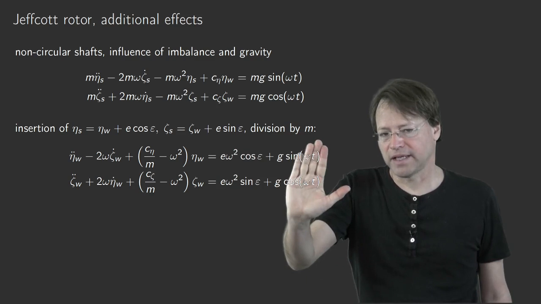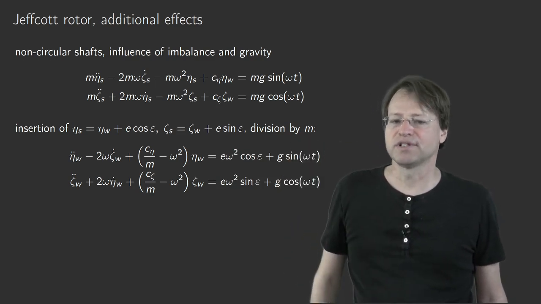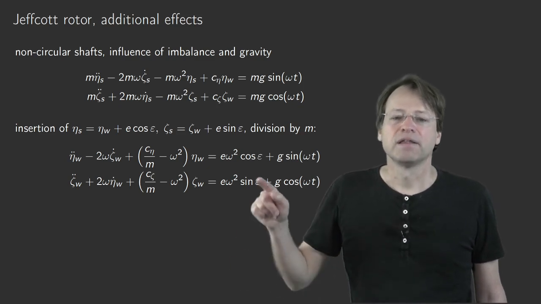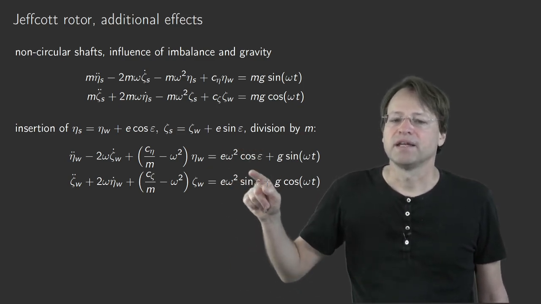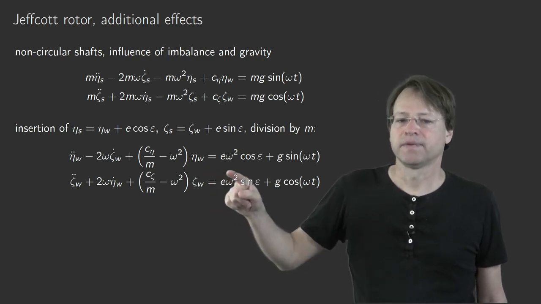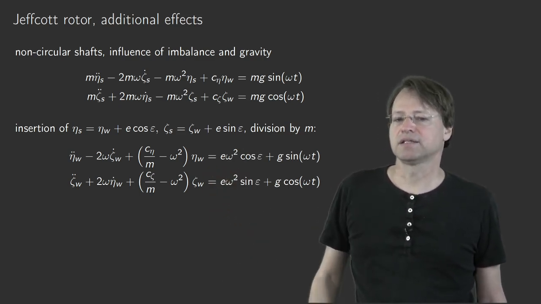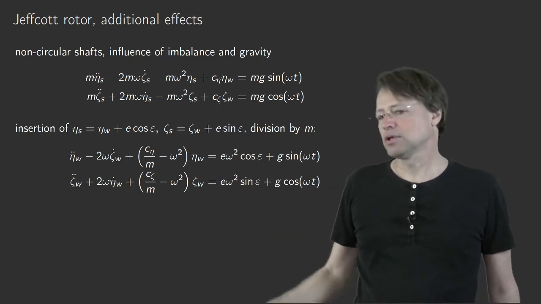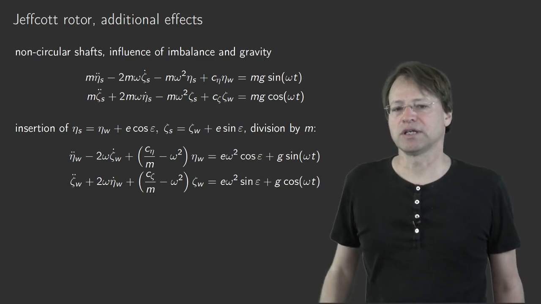Because if we leave gravity aside for the moment, as we did not consider gravity for the classical Jeffcott rotor, then if you look at that term, it's still something that is time-independent. E, the material distance, is time-independent. Omega squared is the rotational speed of your rotor. You don't change it because you are in stationary conditions.